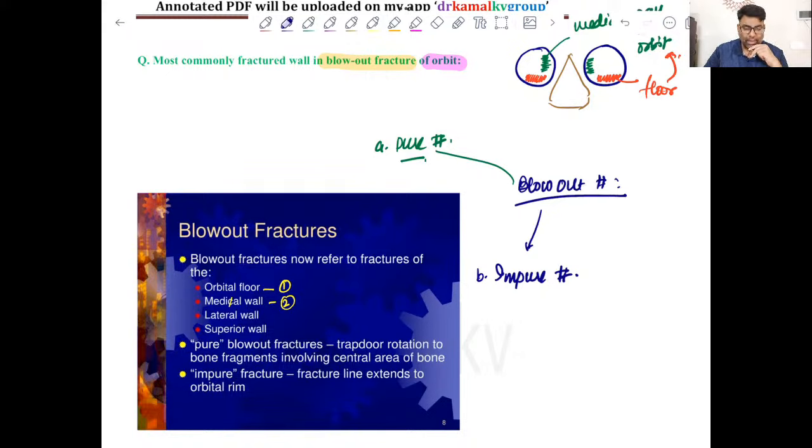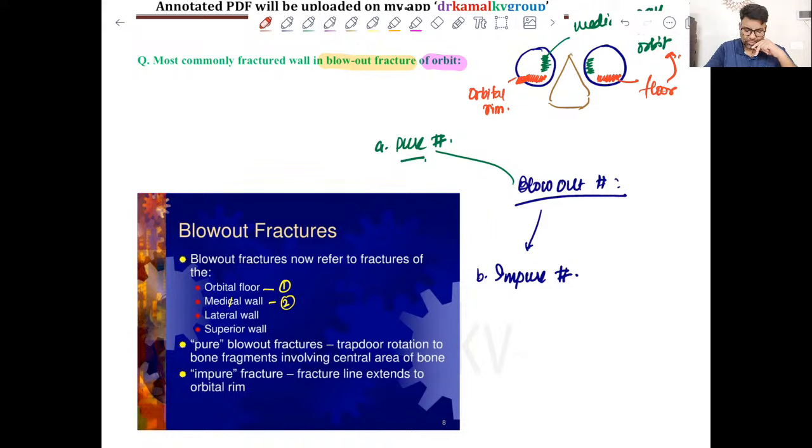Now this is all the orbital rim. If the fracture line extends and involves the rim, this becomes an impure fracture.